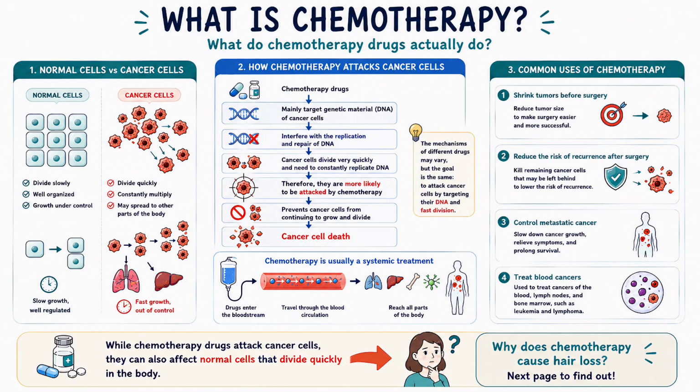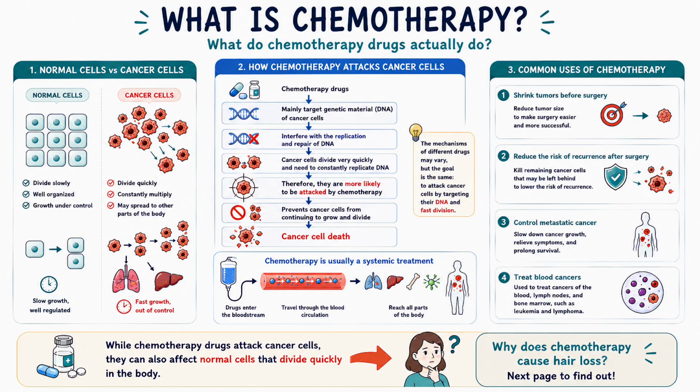But before we talk about how chemotherapy works, we first need to understand the difference between normal cells and cancer cells. Normal cells are highly regulated. They receive signals from the body that tell them when to grow, when to divide, and when to undergo apoptosis, which means cell death. So everything is carefully controlled. Cancer cells, however, are different.